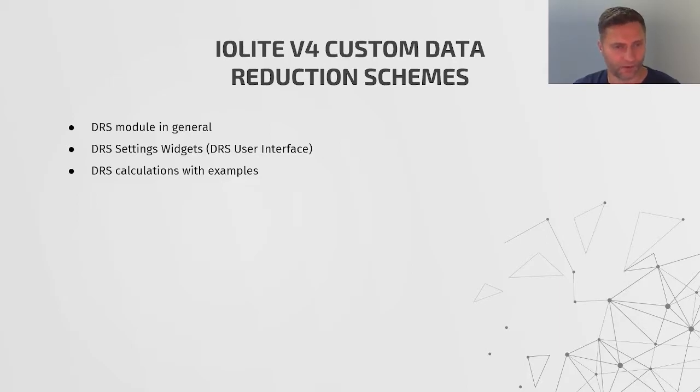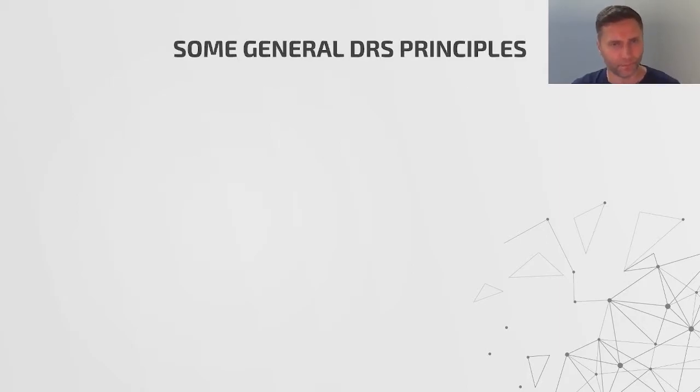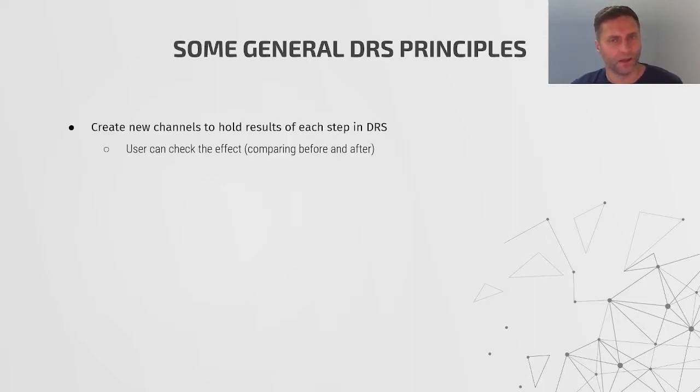in your DRS. But before we get started, I just thought I'd mention some general principles about writing DRSs and how iolite and DRSs are combined. In general, we try to create a new channel for each step of the DRS. This is so that the user can check what the effect of each step was.